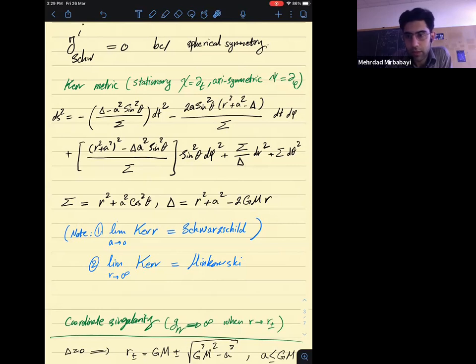But at the observational level, for sure, we don't see anything from the black hole interior beyond the horizon.